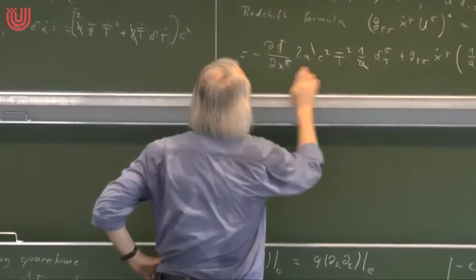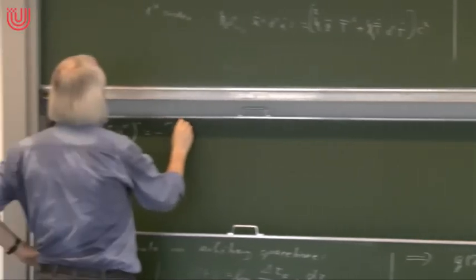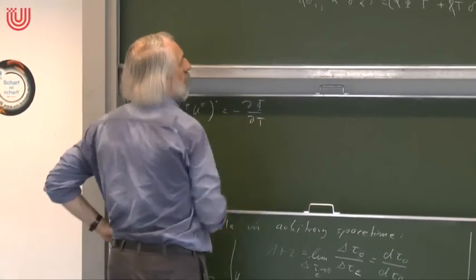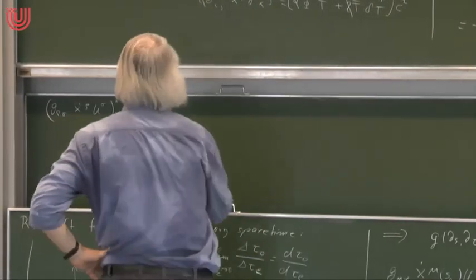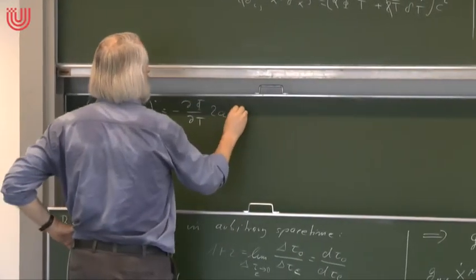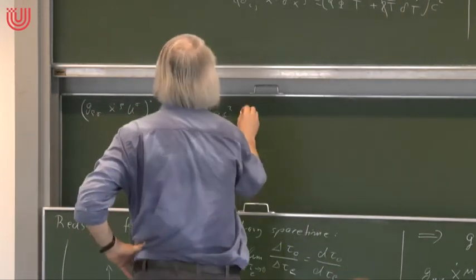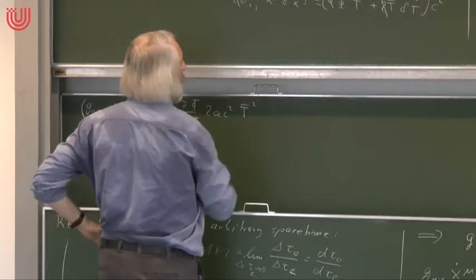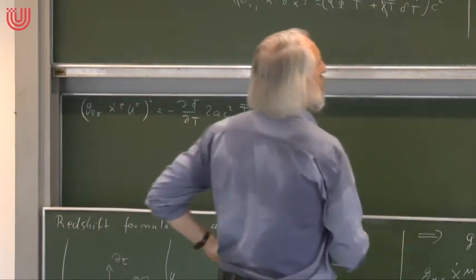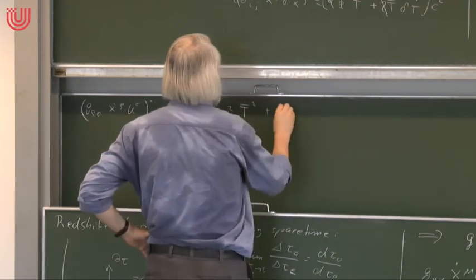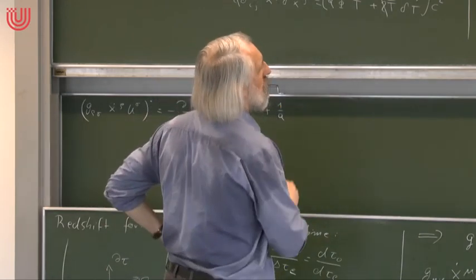Where this Kronecker makes this into a time derivative, minus d phi by dt, 2a c squared t dot squared, plus 1 over a delta^sigma_t.